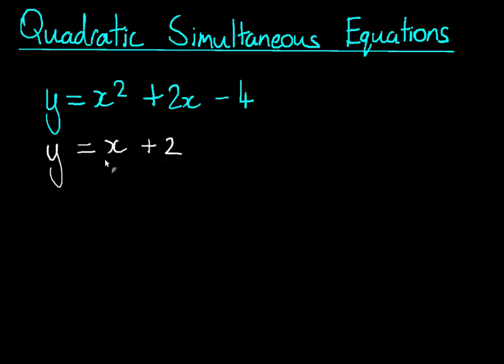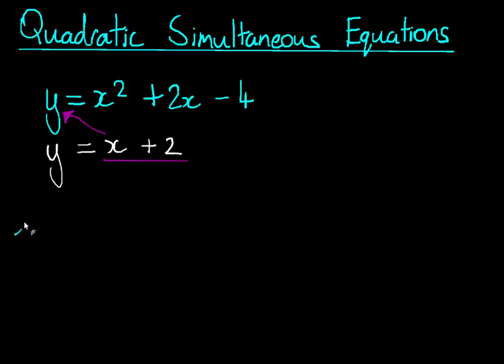So if y is x plus 2, and in this equation we have y equals x squared plus 2x minus 4, well, we can change in the top equation this y for this value x plus 2, because they're the same thing. If y is the same as x plus 2, that's what the second equation tells us, then it's completely valid to just swap them around.